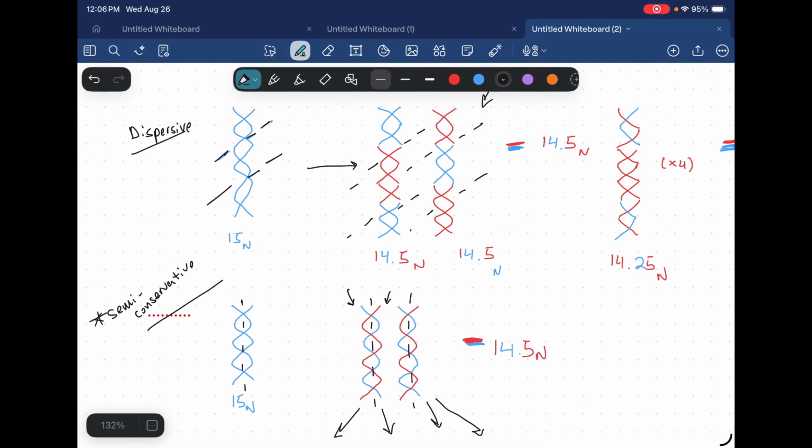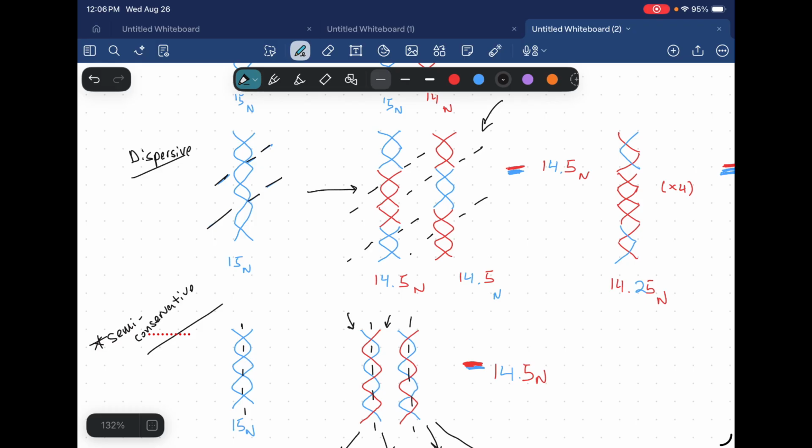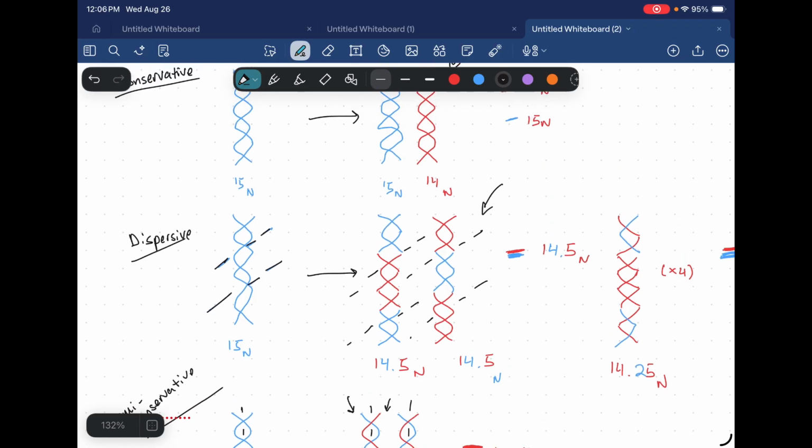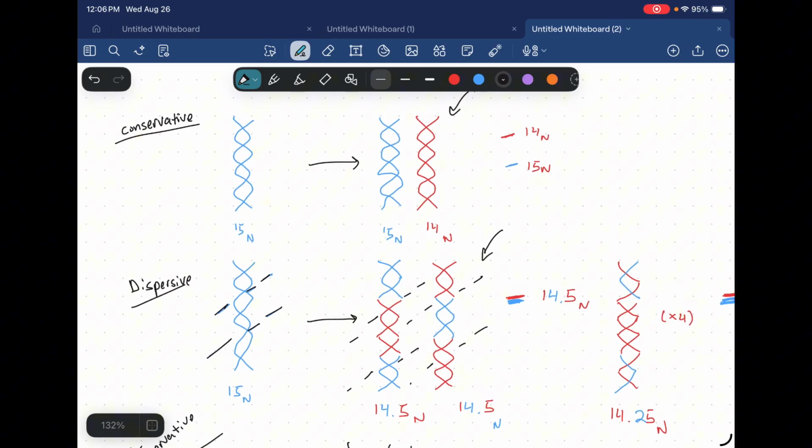The key to this experiment was finding a way to distinguish old DNA from newly synthesized DNA, and the Meselson and Stahl scientists accomplished this using different isotopes of nitrogen. So a strain of bacteria was grown for multiple generations in media containing N15, or heavy nitrogen, which is represented by the blue DNA.